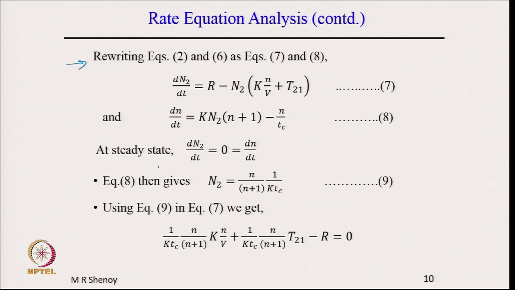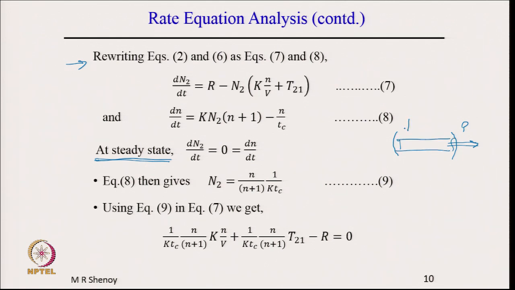Now, at steady state, so this discussion is for steady state, or it is a steady state analysis. dN2 by dt is equal to 0, and similarly dN by dt is 0. At steady state means you have the laser and the laser is giving out a steady output power. So, there is a certain power which is coming out, P out at steady state.